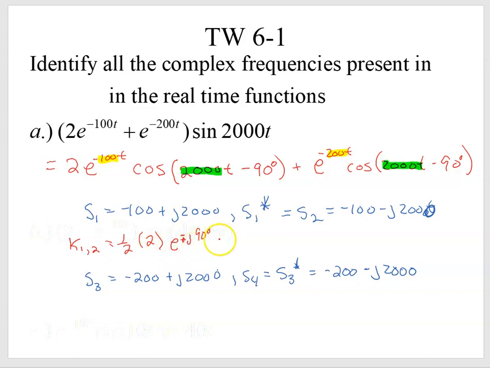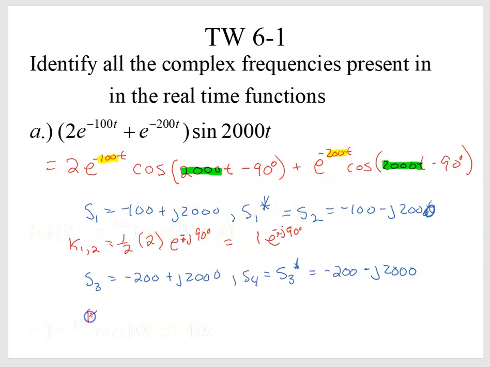So it's equal to, that's a 1, right? So that's equal to just 1 e to the minus plus j90 degrees, where the negative 90 degrees is associated with S1 and the positive 90 degrees associated with S2.